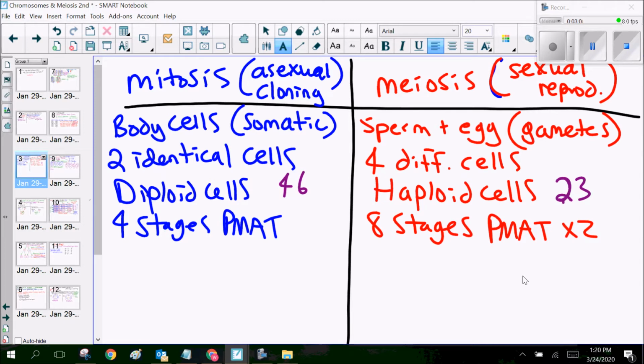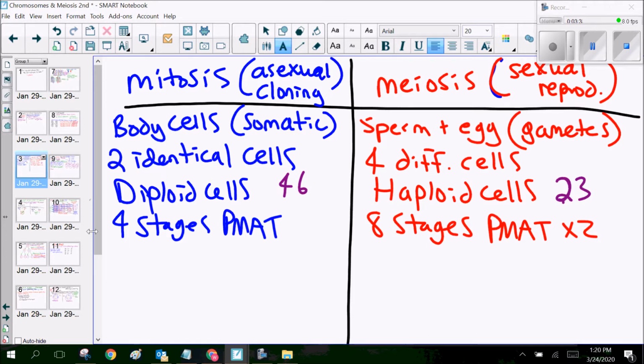They will be haploid in their number of chromosomes, which means that they're going to have one of each chromosome as opposed to two in diploid cells. And so they're going to have 23 chromosomes in humans because a normal diploid human cell has 46 chromosomes. And it'll go through 8 stages, 2 rounds of PMAT. So PMAT twice essentially without replicating the DNA in between to get that half number of chromosomes.